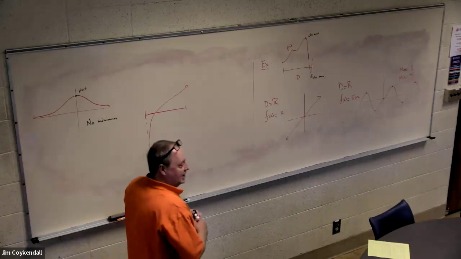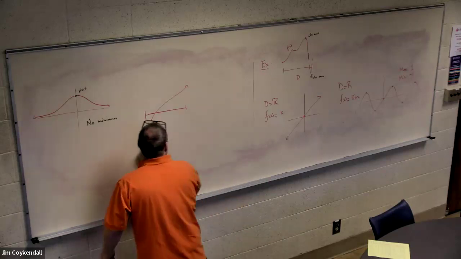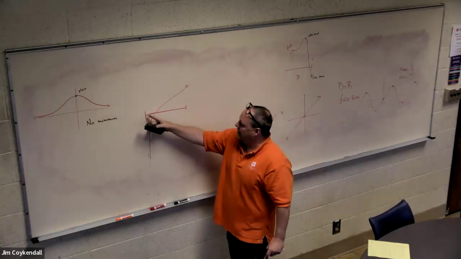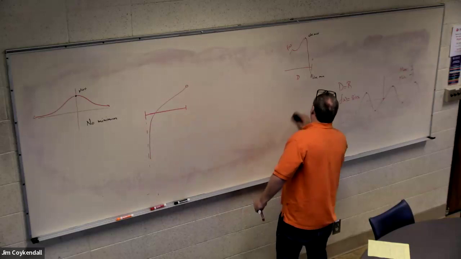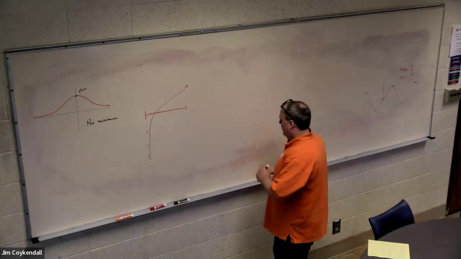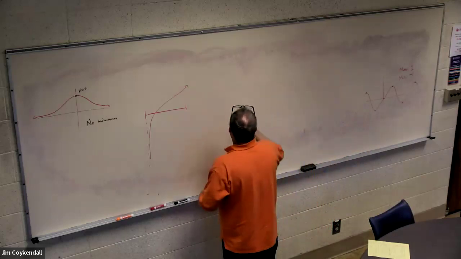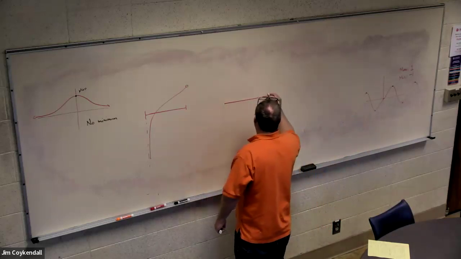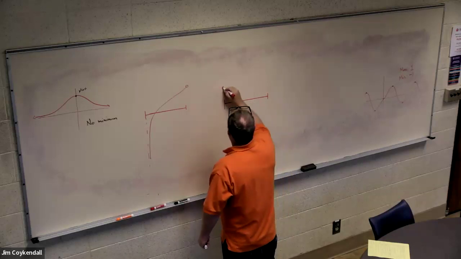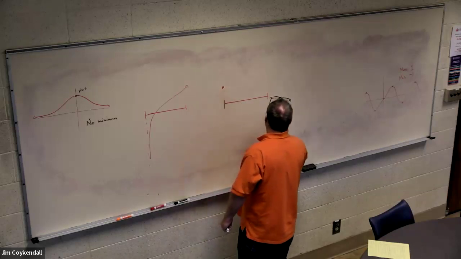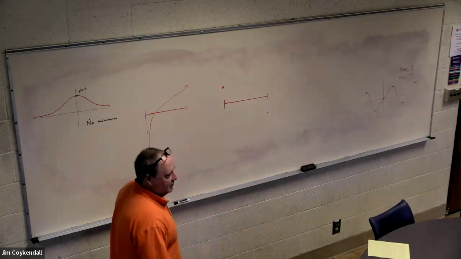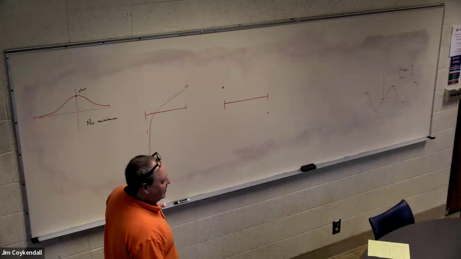Can anybody give me an example of a function that is on a finite interval and is defined on the interval? Notice this function is not defined here or here. So suppose I have a function like this. Let's say it's defined above. Can anybody tell me how I can make a function that has either a maximum or a minimum?